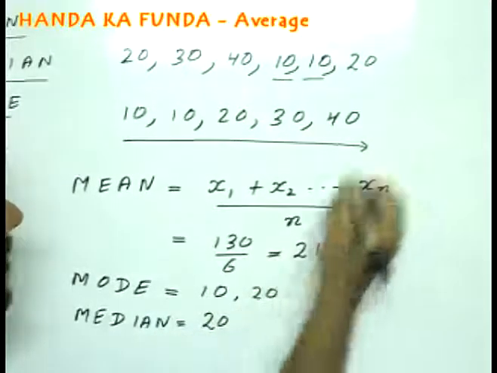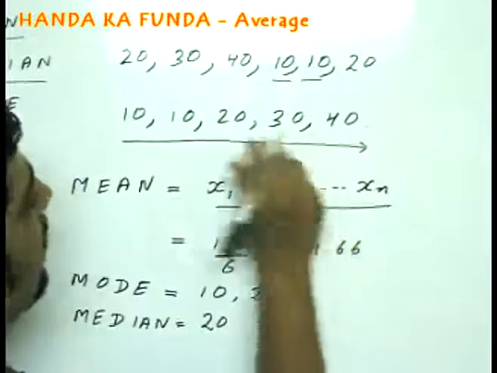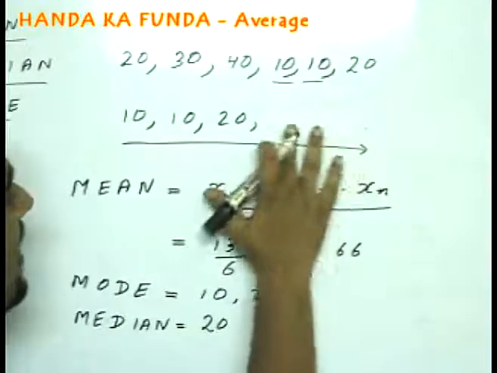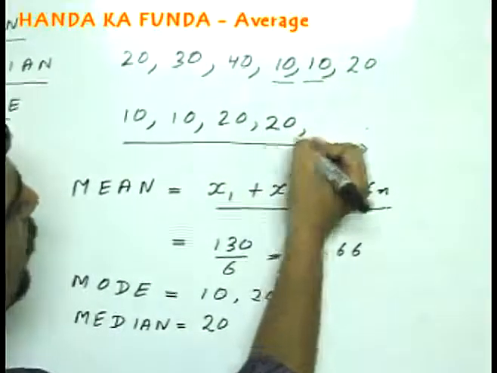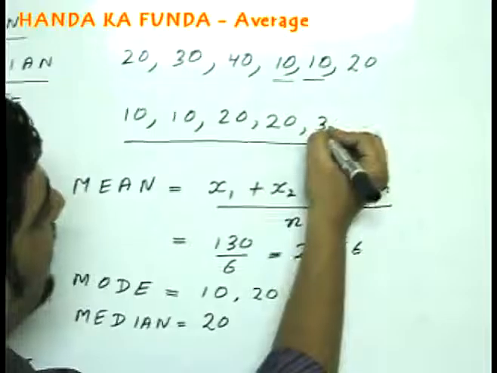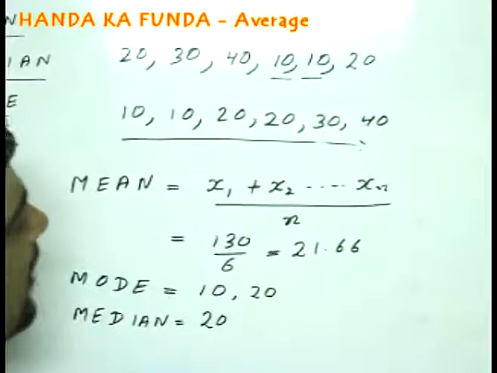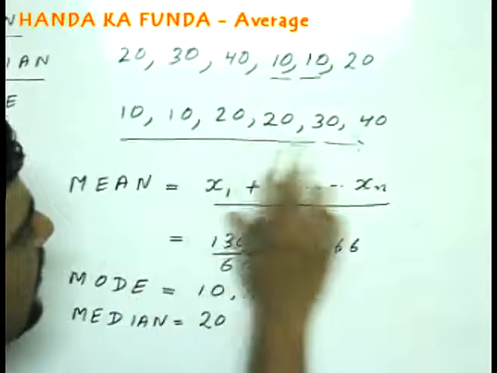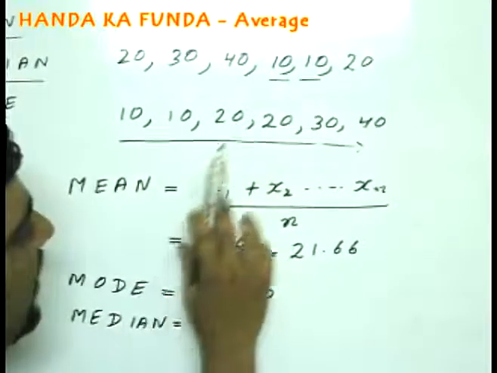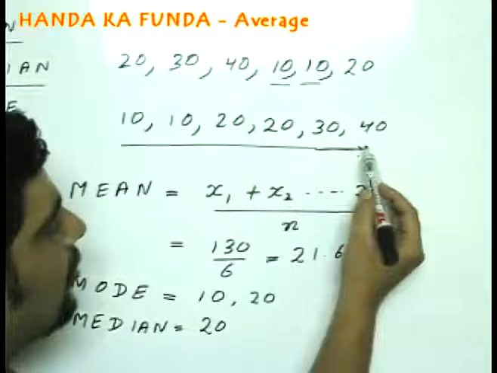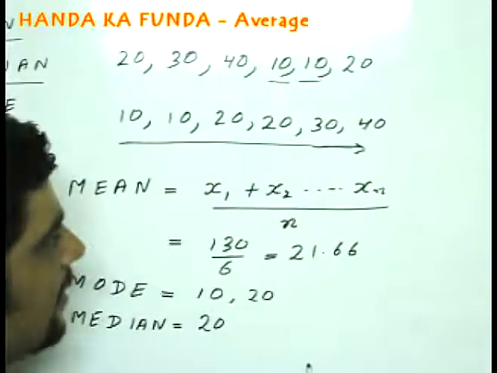The median. Since I have added one more value to the group, and if I arrange them in increasing order, it would be 10, 10, 20, 20, 30 and 40. So now which one is the middle value? As you can see, after arranging them, there is no single middle value, because there is no such thing as a middle term.